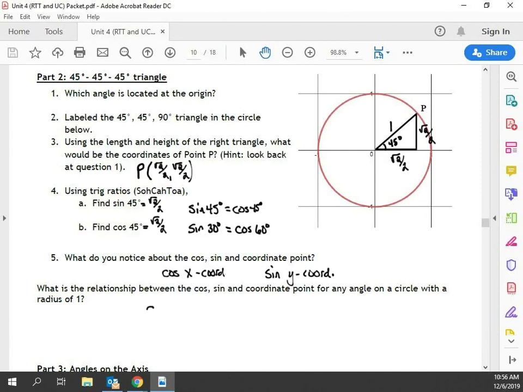We finish it off one last time. Sine of theta is equal to the y value. There you go. Cosine of theta is equal to the x value.